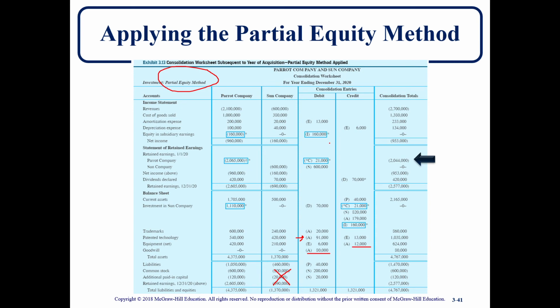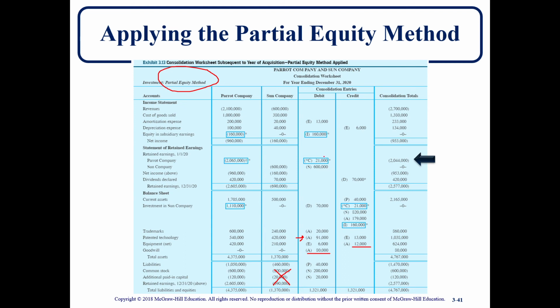So we go to our entry I. Like we said, the amount is different, but the entry is the same. We have a debit to equity in subsidiary earnings. We have a credit to the investment in Sun Company account, this time for 160. And then we have the decrease in retained earnings from using the partial equity method to adjust to the equity method.